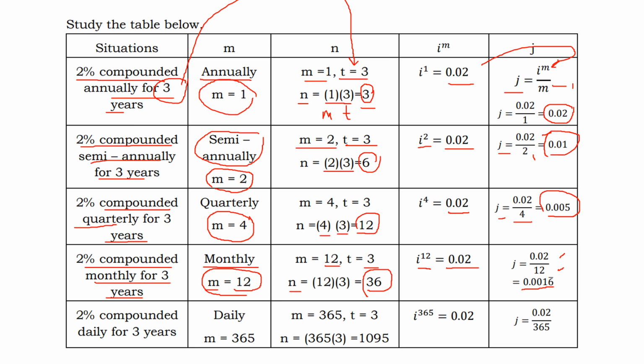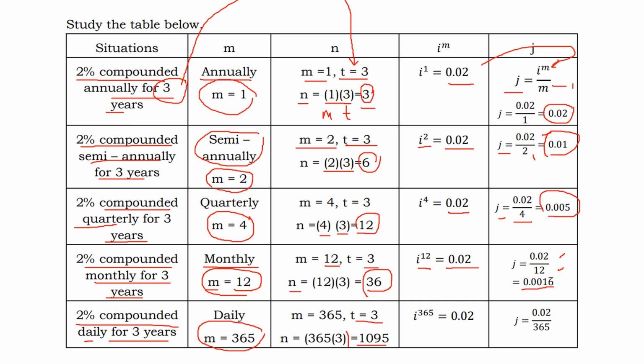Now, 2% compounded daily for 3 years. There are 365 days a year. That's why your m now is 365. If we multiply it by 3, because we're dealing with your term or time, which is equal to 3 years, then 365 multiplied by 3 provides you 1,095 days within 3 years.